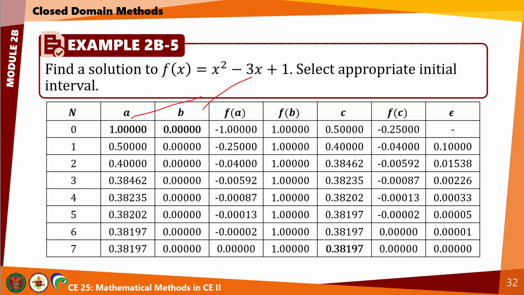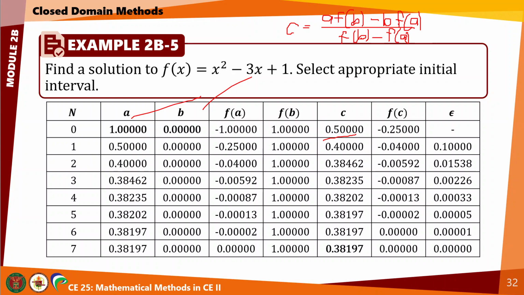Alright? So for this case, solve natin si C. How do we solve C? Yung formula nga. Yung C natin is equal to A times f of B minus B times f of A over f of B minus f of A. Okay, so using the values here on the table, yung C natin dito, saan siya nanggaling?